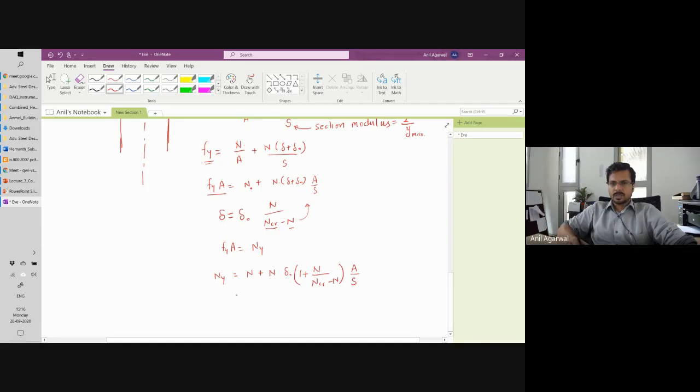We can also take n out, so we are left with 1 plus A divided by S delta naught. Sorry, I missed something: A divided by S delta naught.